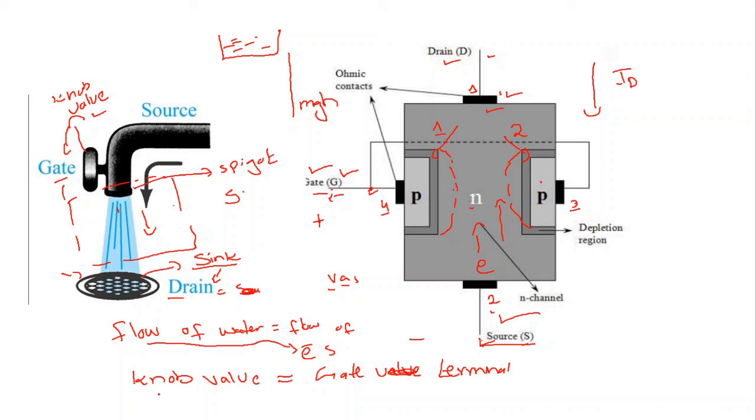Just as the knob or valve controls the flow of water, similarly the gate terminal controls the flow of electrons. Just as the water moves towards the sink, in the JFET the electrons move towards the drain. And the source of water here is the spigot, and in the JFET the source is our source terminal. So that's how we can make an analogy between the junction field effect transistor and the spigot.